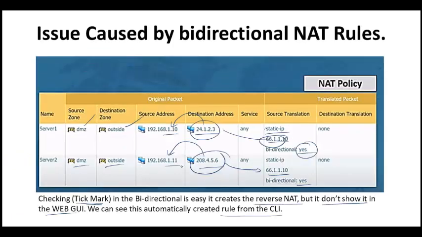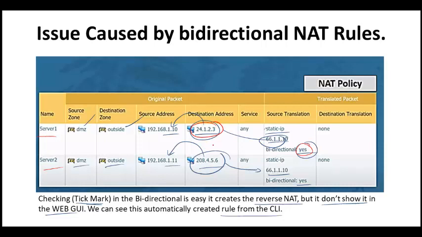Inside to outside. Outside to inside is the reverse, isn't it? Outside to inside. What is the outside source? 24.1.2.3. Is it yes or no? When it comes from outside, what is the source? 24.1.2.3. That's what is written here. You see?